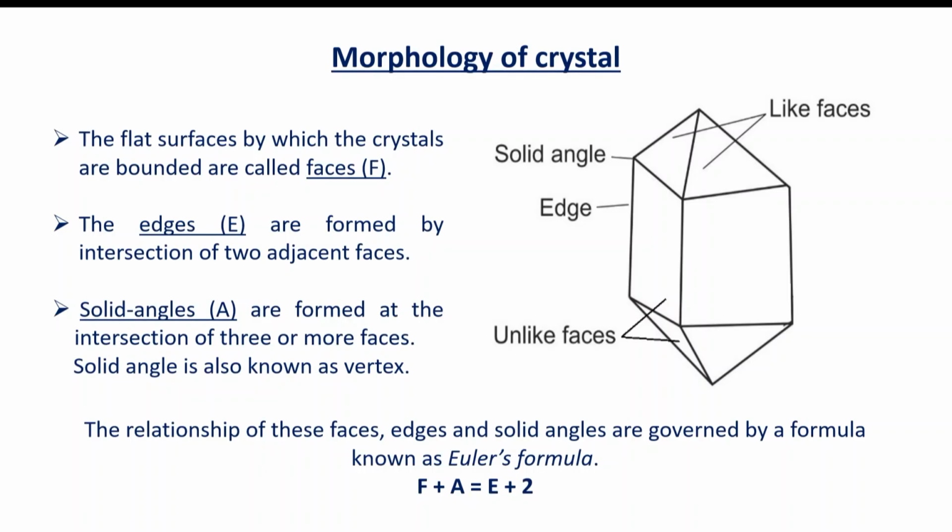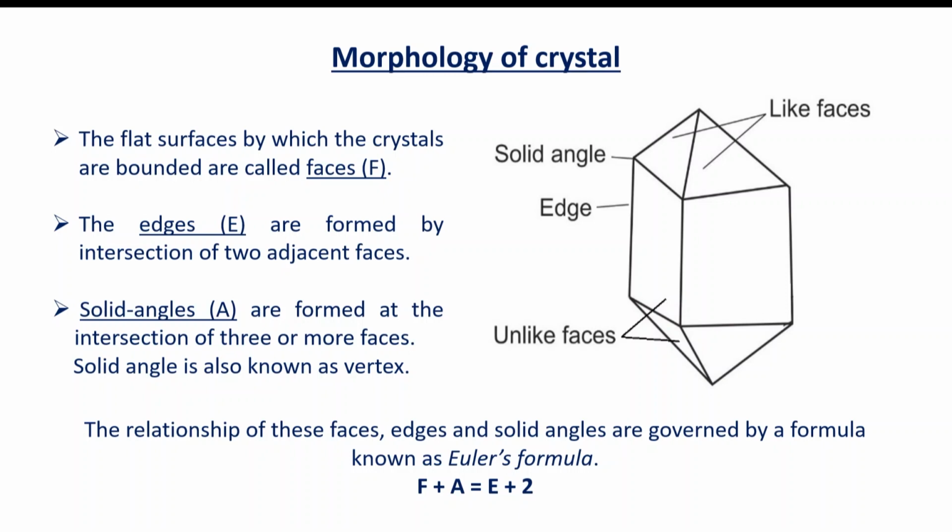So based on these 3 morphological features, Euler proposed a formula that whenever we are looking at a crystal of any mineral, it doesn't matter what the mineral is, this particular equation should hold. If I am looking at the number of faces, for example, you can think of a cube where you have 6 faces to define a cube.